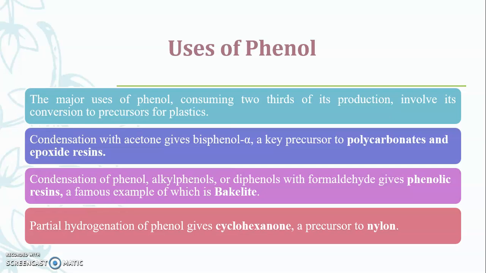Also, partial hydrogenation of phenol gives cyclohexanone. We have seen the complete hydrogenation of phenol, where we get cyclohexanol, that is an alcoholic functional group attached to cyclohexane, and here this compound is different. If we carry out partial hydrogenation, we will get cyclohexanone, where the ONE means a ketone.